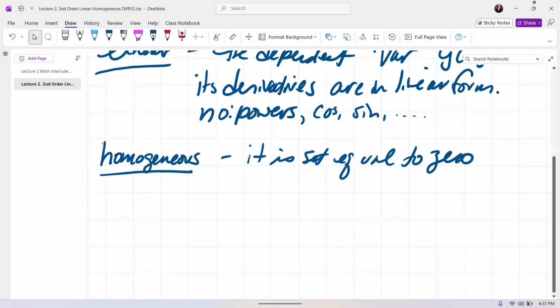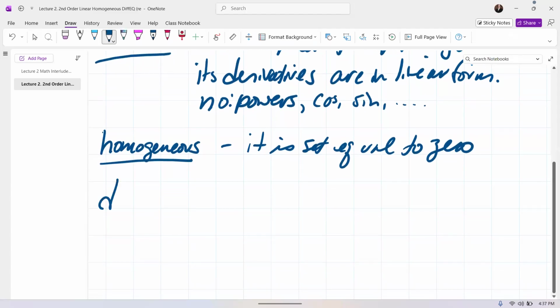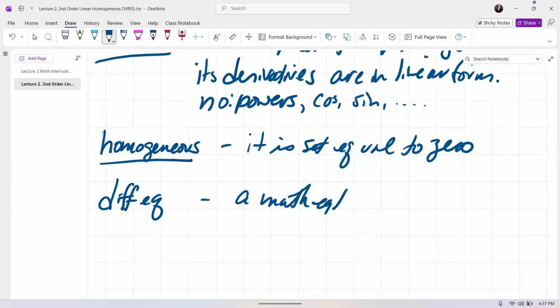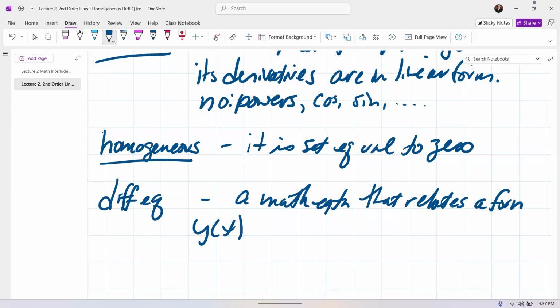And how do you know if it's a differential equation? So you recognize this because it has some derivatives. This is the math equation that relates a function y of x to its derivatives.